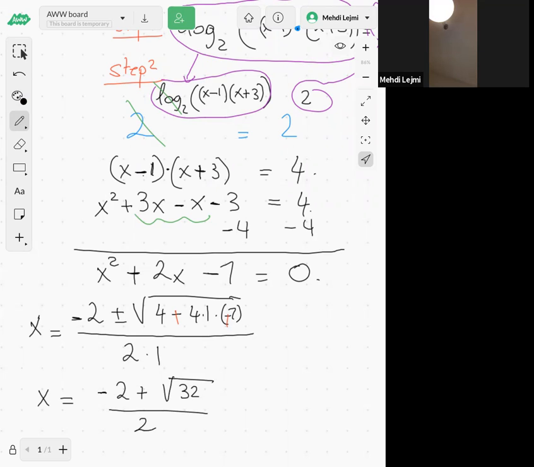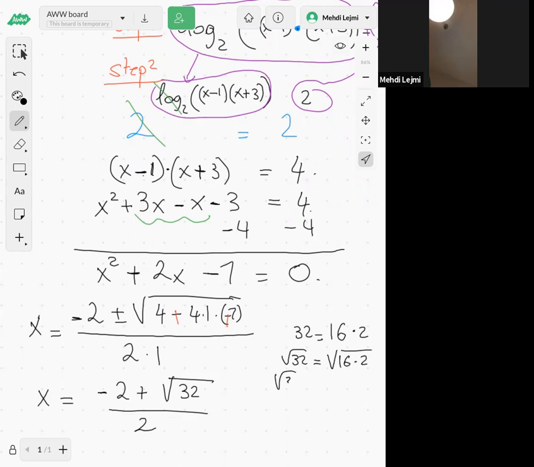Okay. Now the square root of 32, guys. You can write 32 like 16 times 2, exactly, Sean. So 32 is 16 times 2. So when you do the square root of 32, that will be the square root of 16 times the square root of 2.